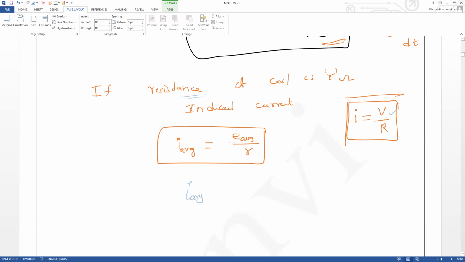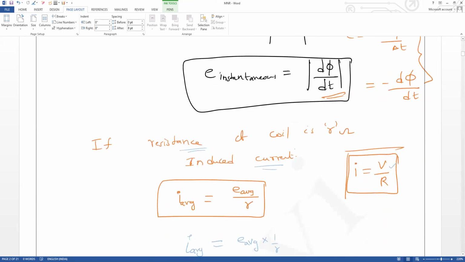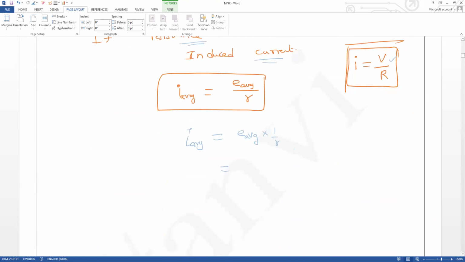So the average induced current is equal to E average into 1 by R. What is the E average we got? The average induced one, delta phi by delta t. So delta phi by delta t into 1 by R is the induced current.